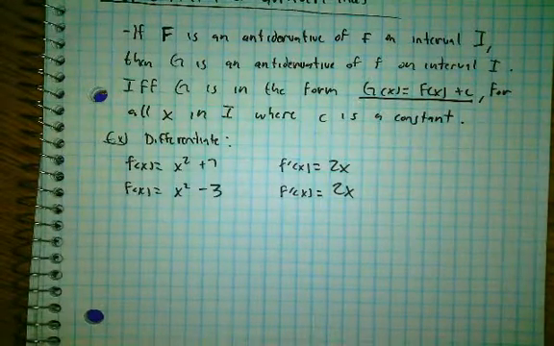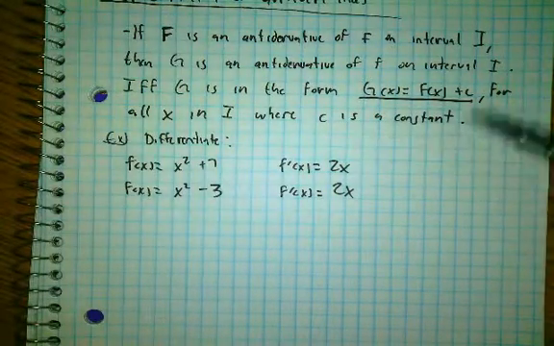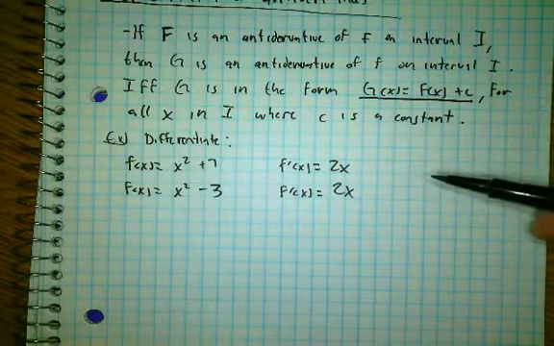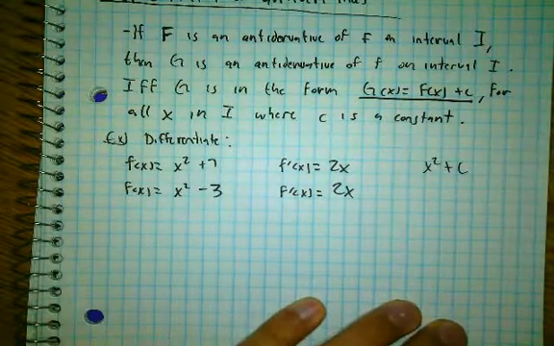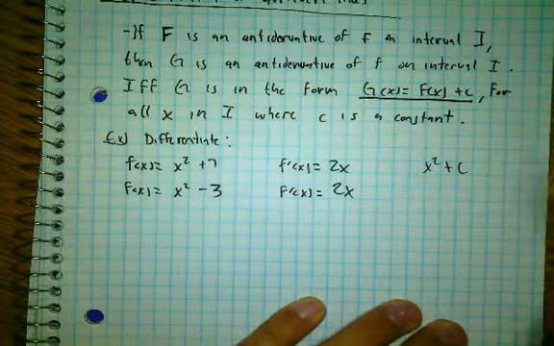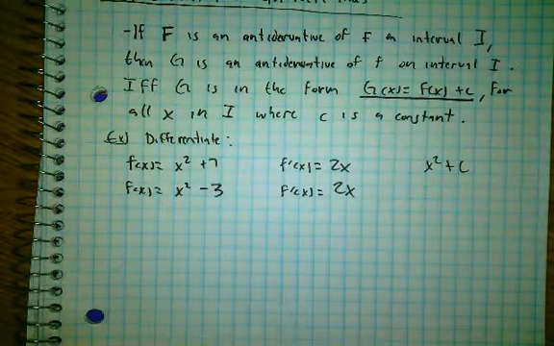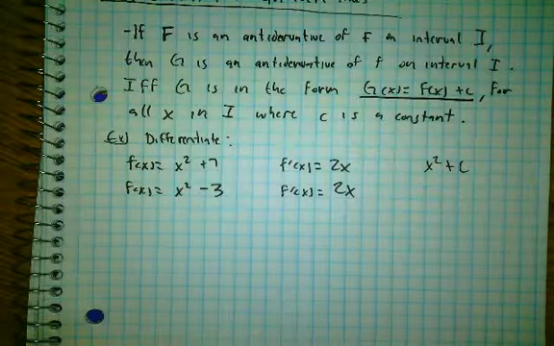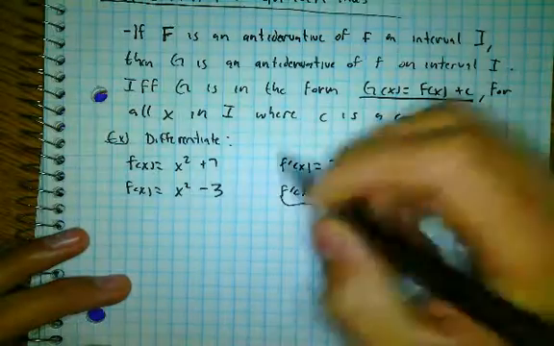So when you take the integration or the antiderivative of this, your answer should be in the form of x squared plus c, because you don't know what that constant is. Agreed? Do we all understand what this definition is saying now? Any questions on that? Okay, this right here, we're going to call the differential equation.